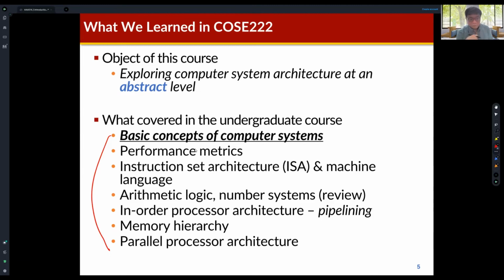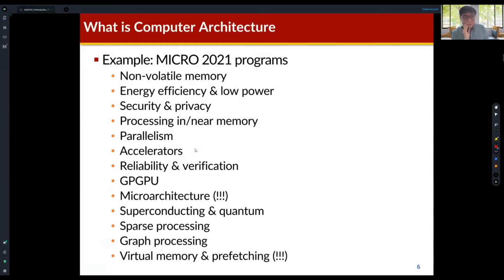As you can see, we learned about performance metrics, instruction set architecture, pipelining, so processor architecture, memory hierarchy, and parallel processor architecture. That's the traditional research area of computer architecture. But let's see the recent research topics in computer architecture.